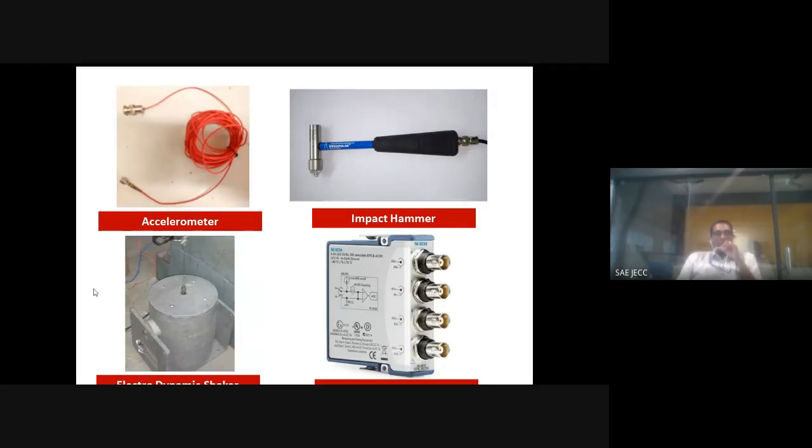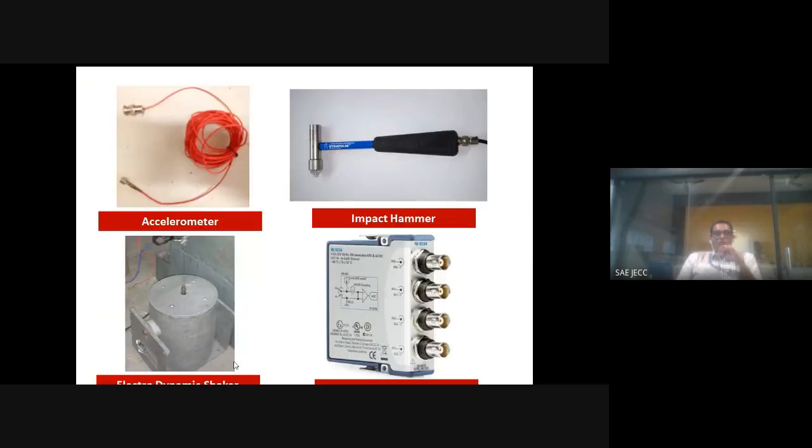In the constant mode, constant frequency excitation is possible. You can have the sweep. Anything is possible with the proper signal generator. And the response you can capture using this accelerometer and connect to this NI 9234, which can be connected to the signal processor. So now you have an idea about what this particular equipment is used for.